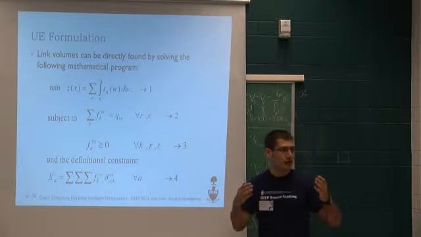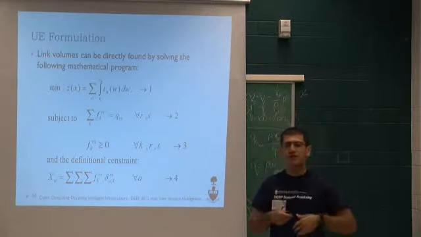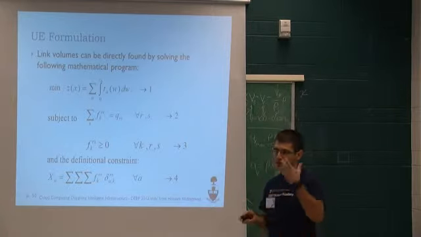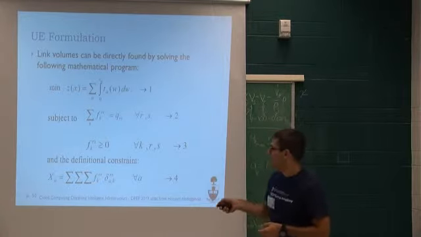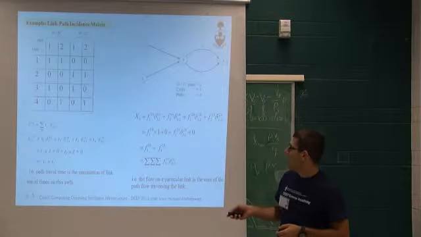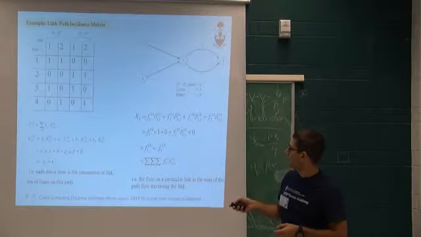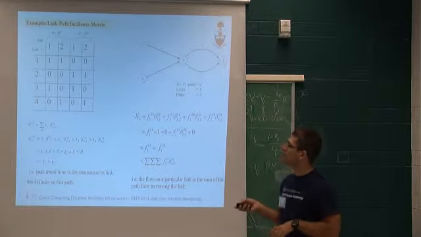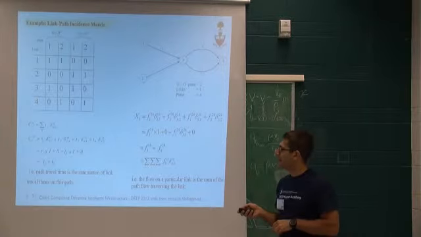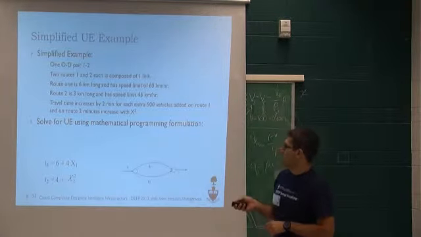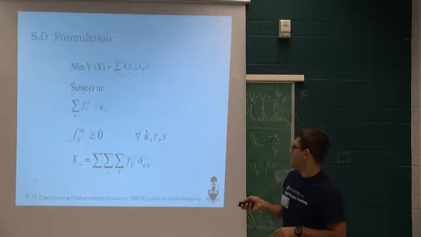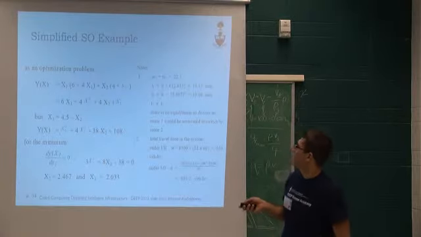That's why you look at the area under the curve. This is calculus again, guys. I'm going to skip these. This is just a representation to solve this problem. Let's see. System optimal formulation.